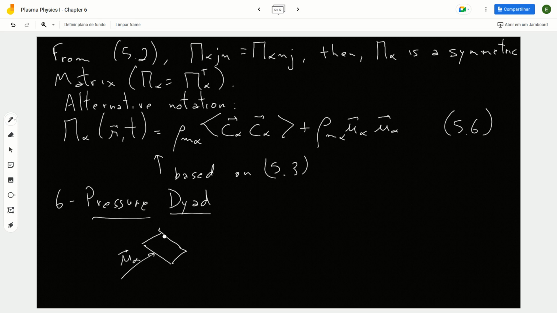Because you know the particles have the mean velocity plus the random motion. So if the surface is moving with the mean particle velocity, then the only thing that remains is the fluctuation velocities.